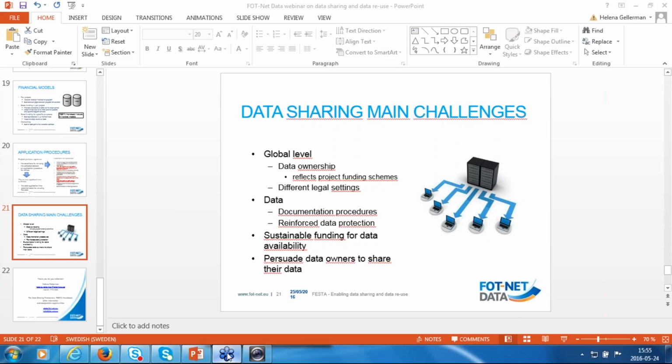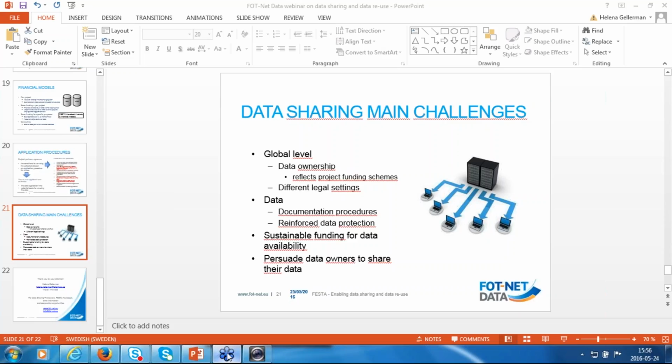Yes, that is a very important question, because that affects very much how the data can be shared afterwards. It is about the data ownership, and it is also connected very much to the project funding schemes. If we look at, for instance, the US, many of the large FOTs are paid by the government, 100% paid, and therefore they have a very large say in how they own the data and how it should be reused afterwards.